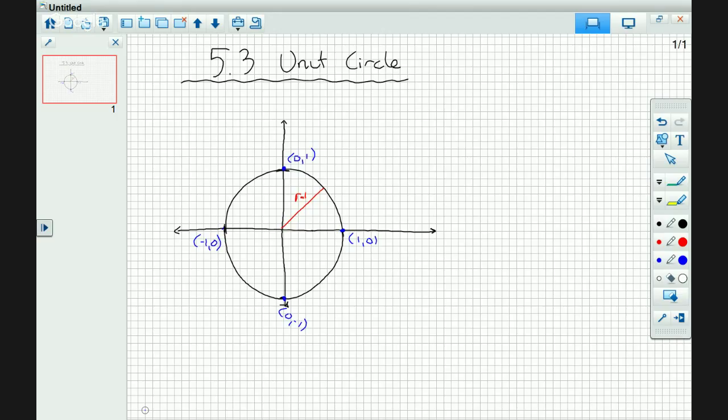Again, notice the pattern here: 0, 1, 0, -1, or 1, 0, -1, 0. You see some patterns there. The big part of this is placing triangles in here.